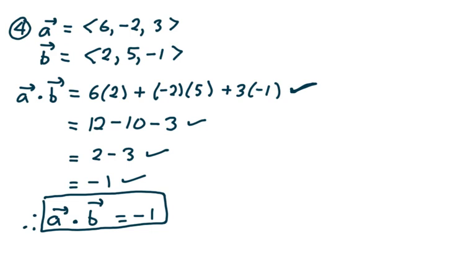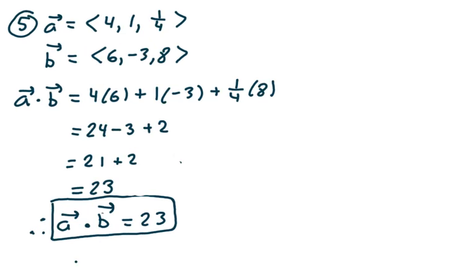If I simplify further, I get 12 minus 10 minus 3, which is equal to 2 minus 3, and that's equal to -1. And so, therefore, the dot product of A and B is equal to -1. That's how we do 4.